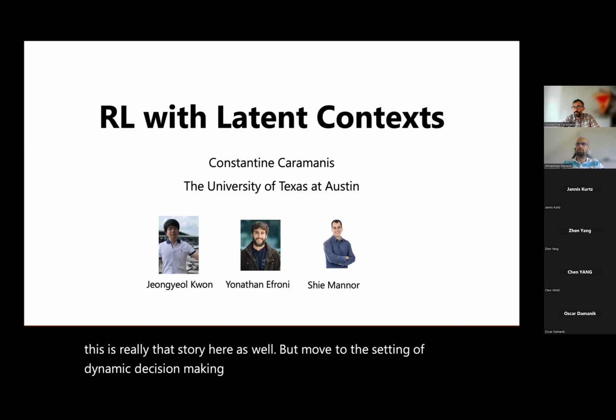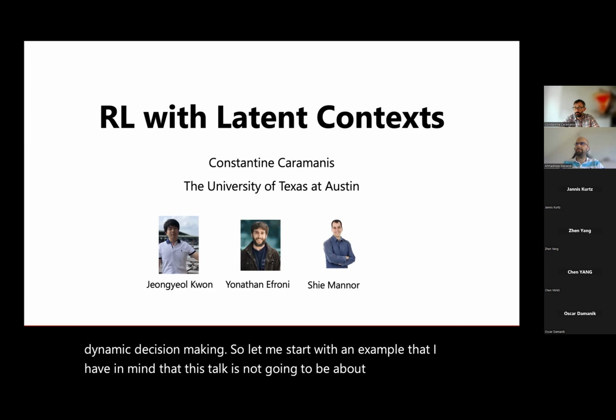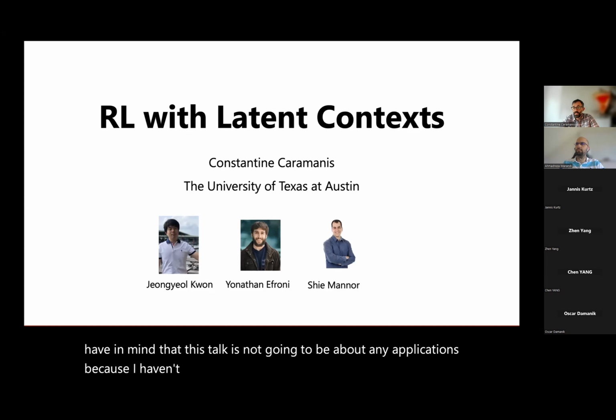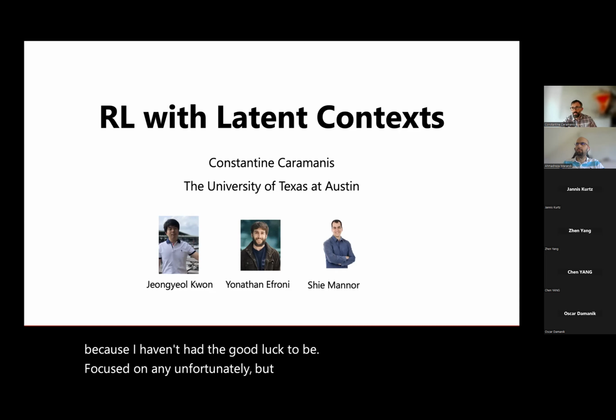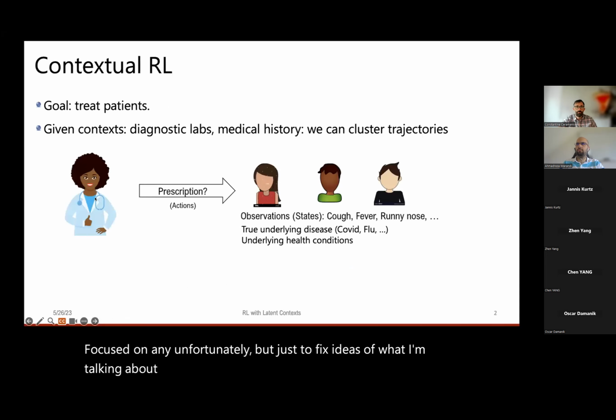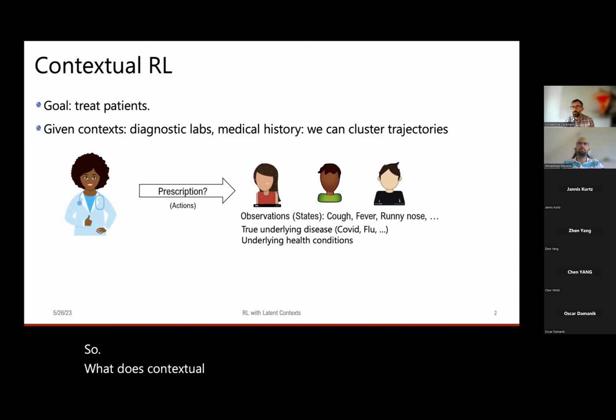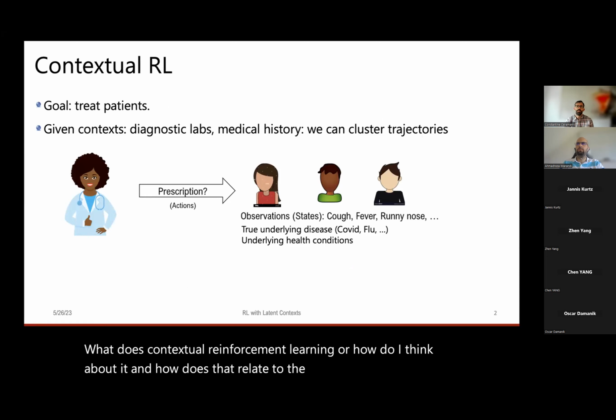So let me start with an example that I have in mind. This talk is not going to be about any applications, because I haven't had the good luck to be focused on any, unfortunately. But just to fix ideas of what I'm talking about: what is contextual reinforcement learning, and how does that relate to the title of this talk?